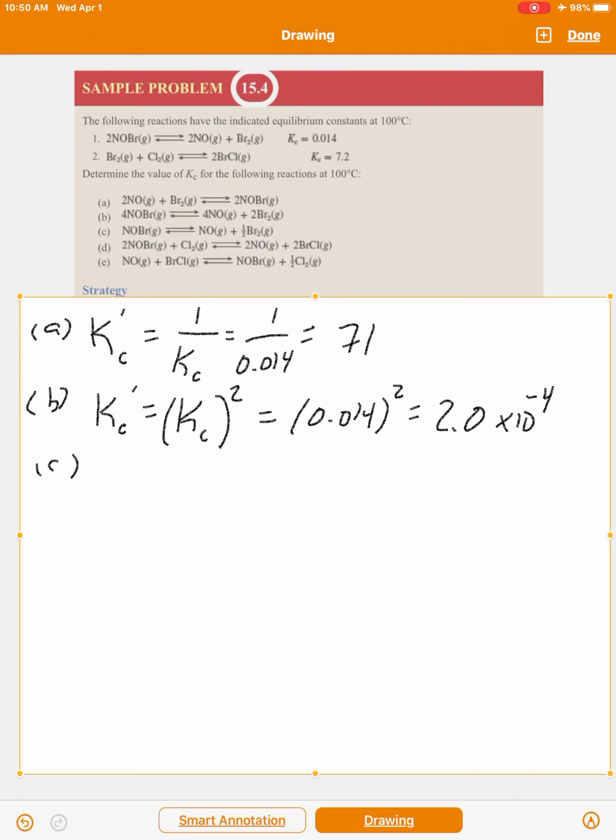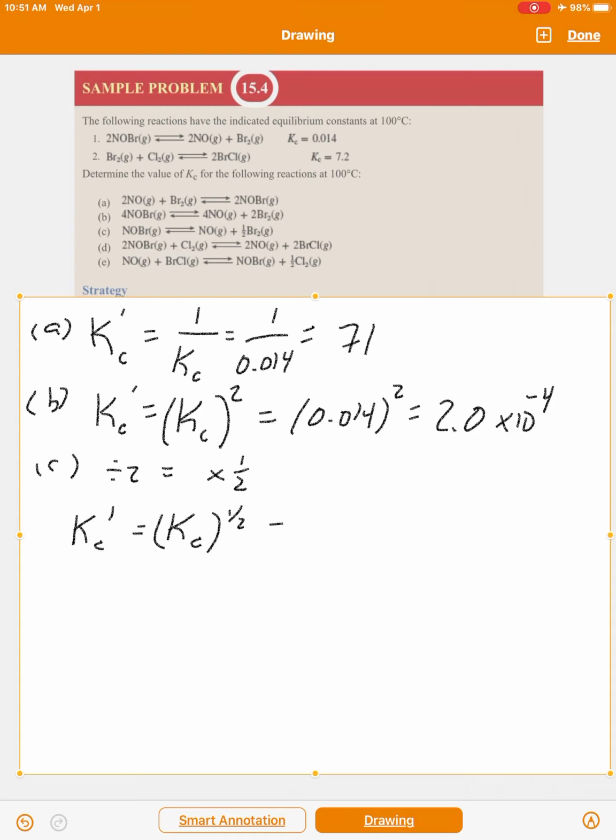So part C, it looks like it's NOBr, so it's the same direction, NO and Br2, but now it looks like they divided it by 2 or multiplied it by half. Remember, dividing by 2 is the same as multiplying by a half. So the same idea, Kc prime in this case would be Kc, but now you would raise it to the half.